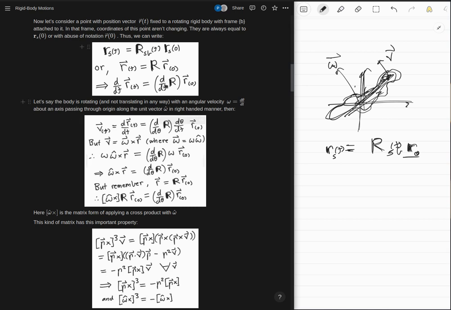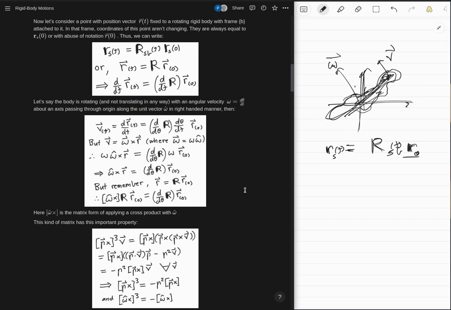So instead of d upon dt, I'm using d upon d theta times d theta upon dt, the chain rule. And that d theta upon dt is just omega, so these two omegas get cancelled. So what you get is omega hat cross r vector equal to d upon d theta of R times r naught. Now this actually works for any r naught that you take on this body.